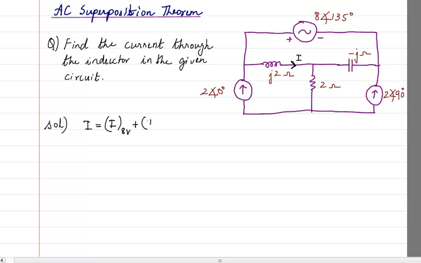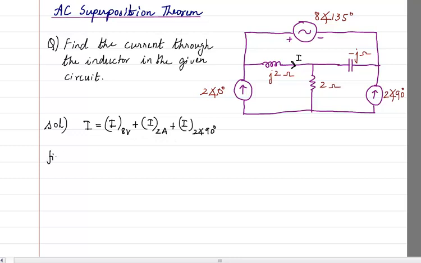The second one is because of the current source, which is 2 amperes. And the third one, since it is again 2, I will just write 2 angle 90 degrees. So it is well understood now. I have to find these three currents.